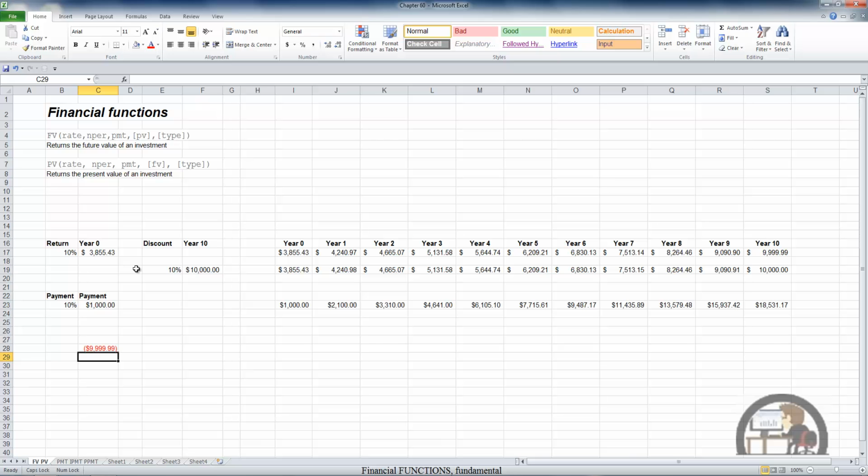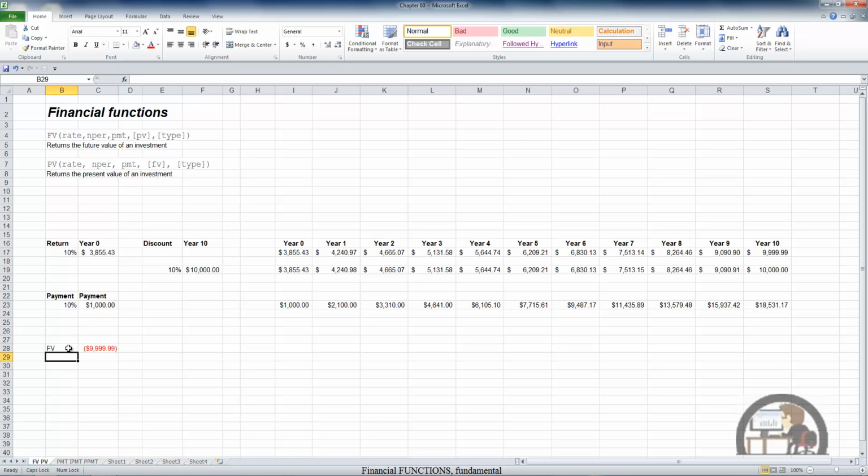To keep this more logically consistent, we would probably want to, and I'm going to F2, press the home key, make this a negative number, since that is our input into this investment, which makes the output, the amount of money that we're getting back, a positive number. I'm going to Control Z to undo that. And so that is the future value function.